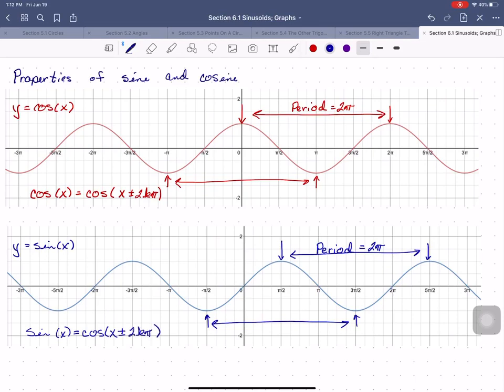It's probably easier to see it on sine because every 2 pi, actually every pi, the function goes through 0.